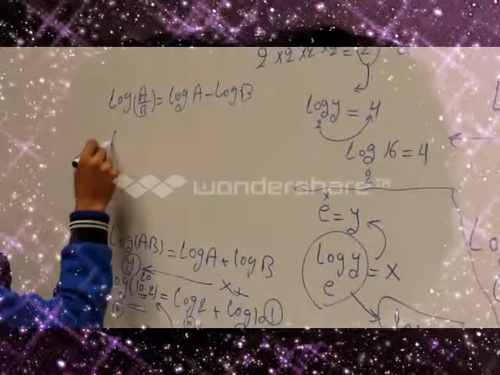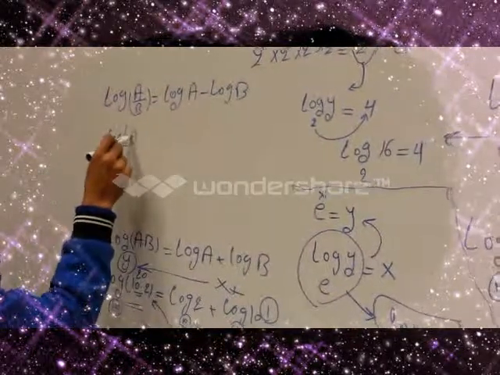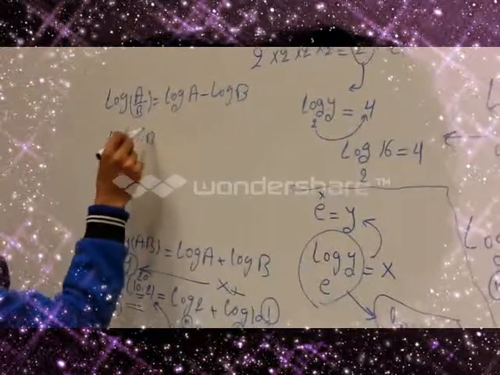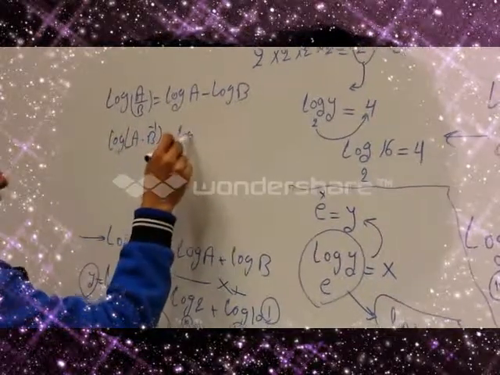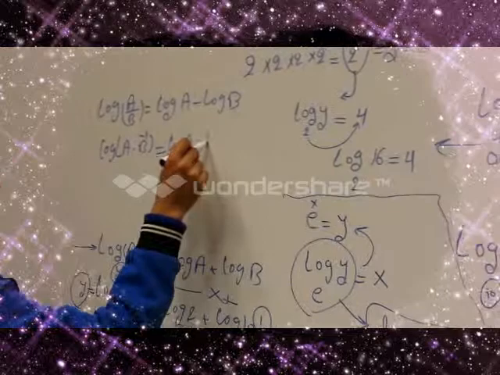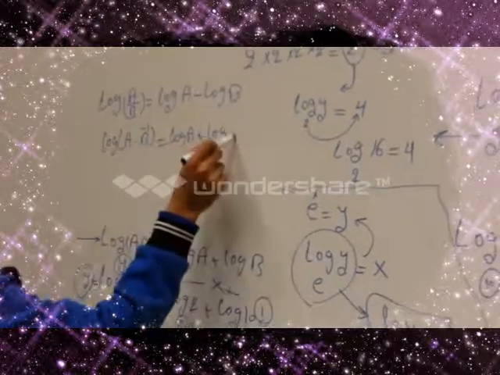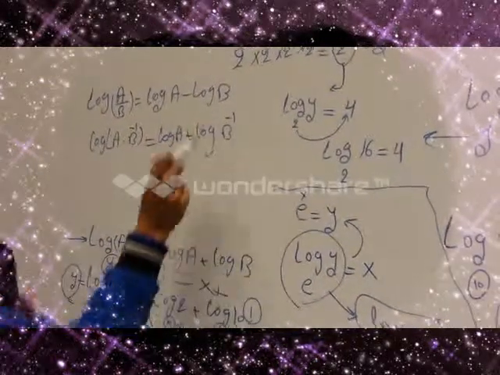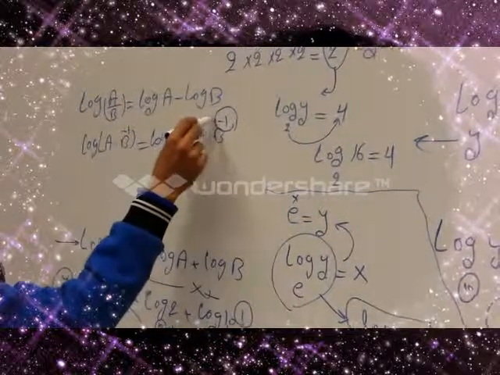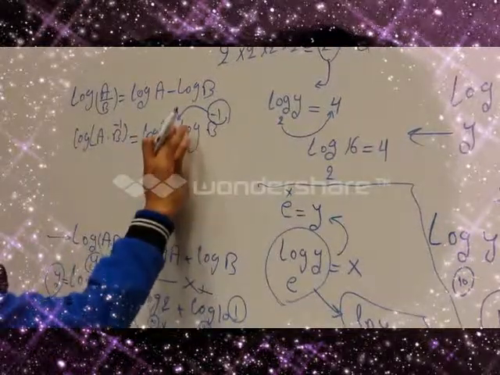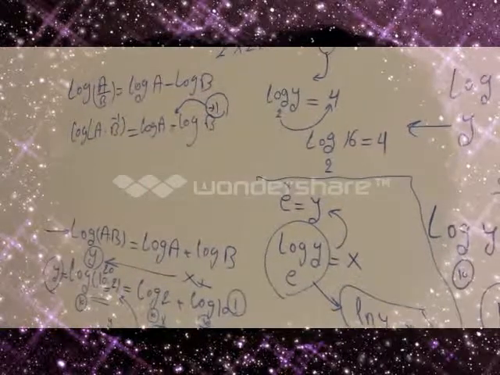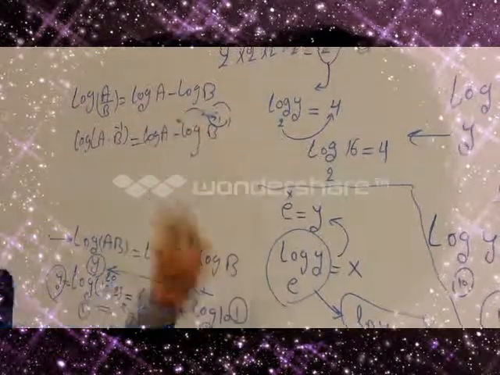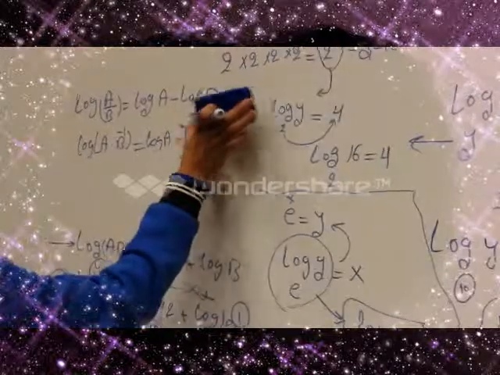If I say that this is log a multiplied by b power minus 1, which is the same, this equals log a plus log b to the power minus 1. Actually, this will be transferred to become minus. So we will say log a minus log b. It's the same.